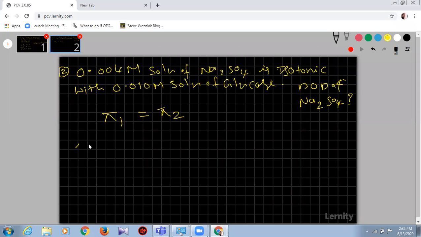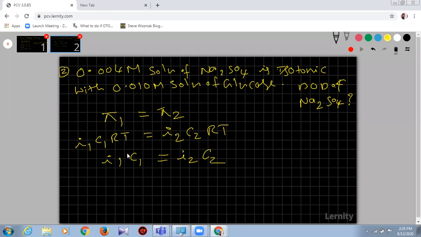So i1 C1 RT equals i2 C2 RT. R and temperature are the same, so they will get cancelled. That's why i1 C1 is equal to i2 C2.